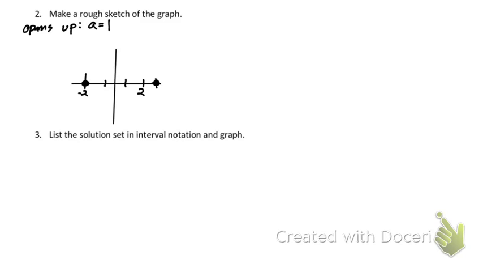There's only one way for this graph to work. It's quadratic, so it's just a U-shape. The U-shape has to hit both of these points, and it has to open up. So the only way this graph could work is if the U-shape went through both of these and looked something like that.